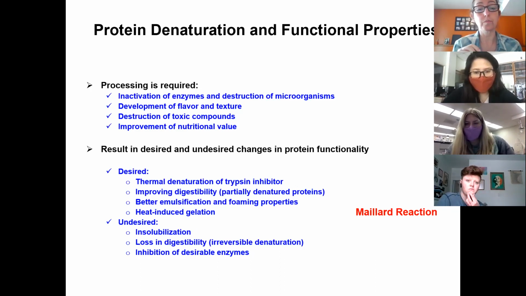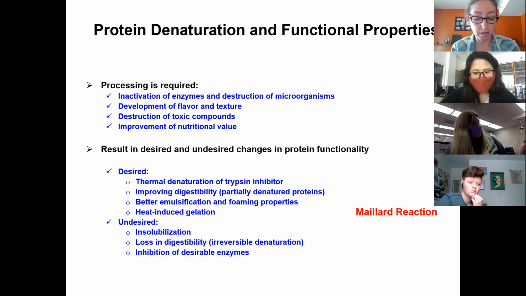Yeah. So when the protein is denatured excessively, and we'll talk about different types of denaturations and denaturing agents, then the protein can form polymers.